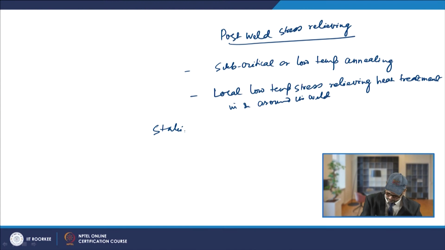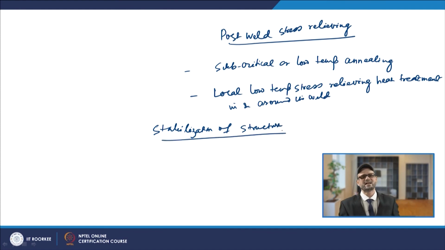Another purpose of the post weld heat treatment is the stabilization of structure. As we know, during the welding process the structure which is obtained is normally metastable because of the very large cooling rate.